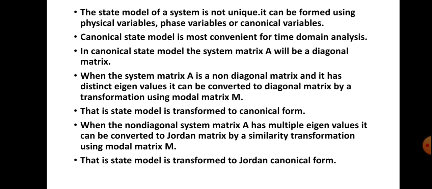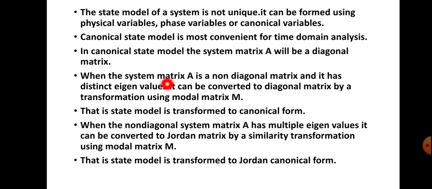So when the system matrix A is not a diagonal matrix, that is, if it is a non-diagonal matrix, and if that matrix has distinct eigenvalues, then it can be converted into a diagonal matrix by a transformation using the model matrix.